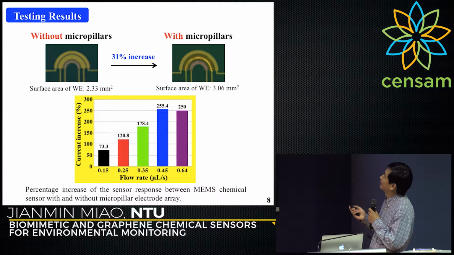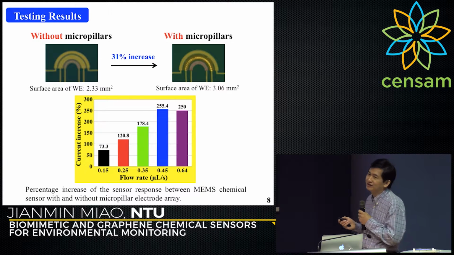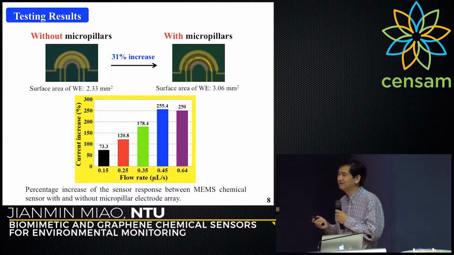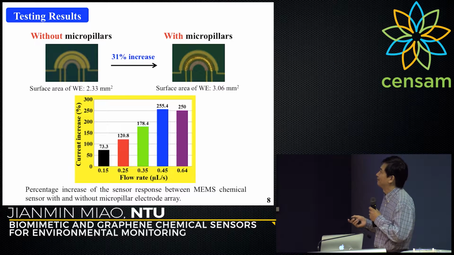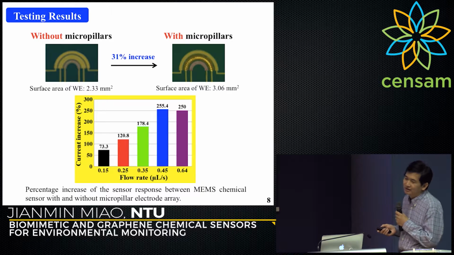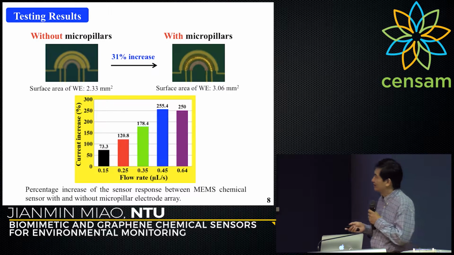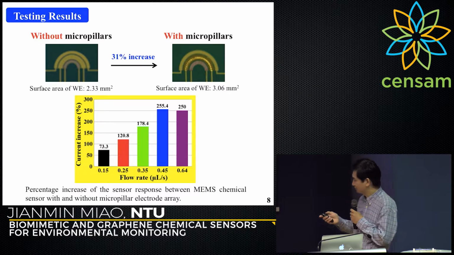Of course, we can miniaturize the micropillars further down to the nanoscale, and the sensitivity could be increased further. The measurement results also show that with increased flow rate, the current we measure here also increases.